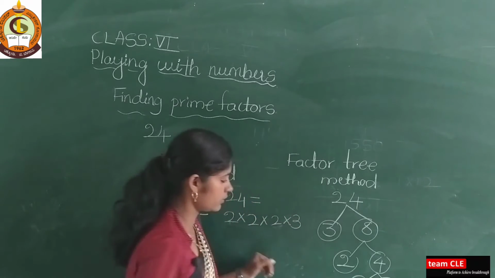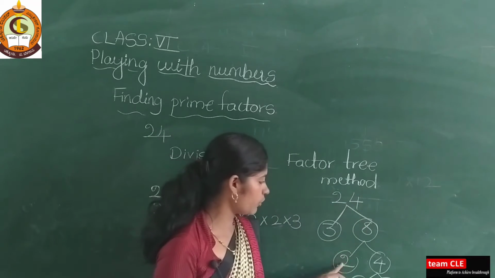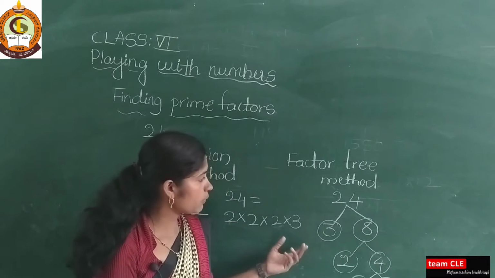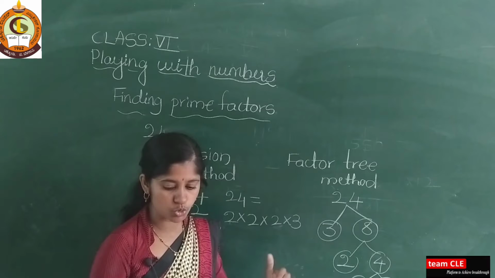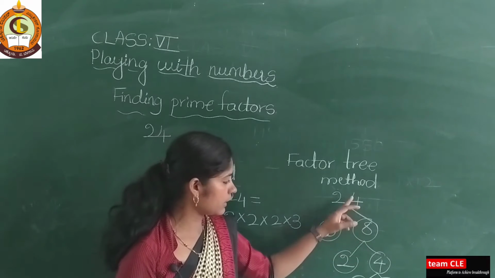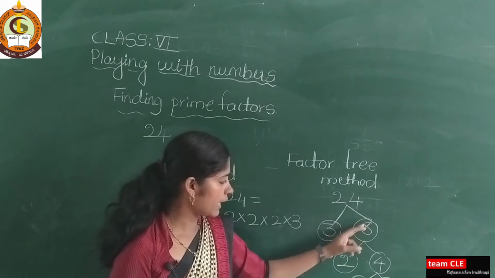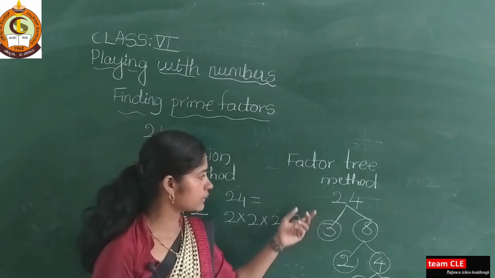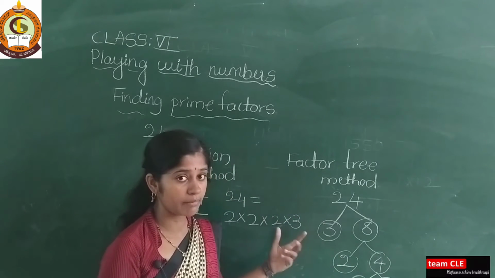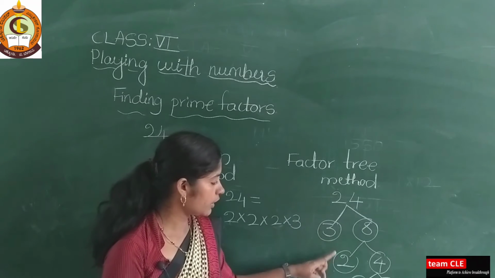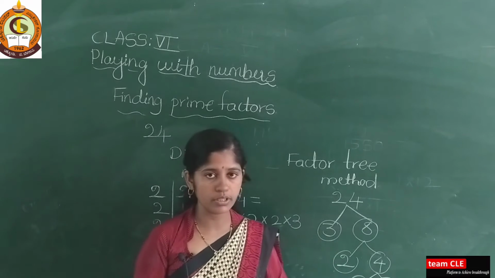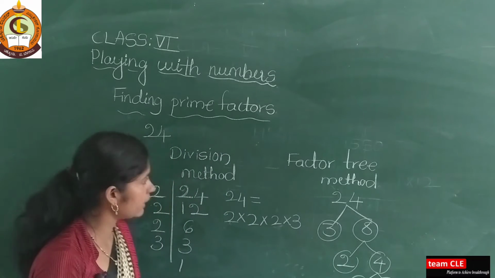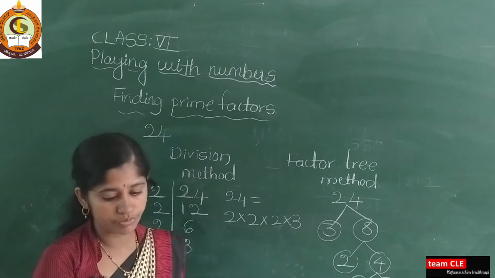Stop here. So, 3 eights are 24, 2 fours are 8, 2 twos are 4. This is how you follow the tree method: you have to split the numbers. So by the factor tree method, the prime factors of 24 are 3, 2, 2 and 2. This is how we find the prime factors of a number.